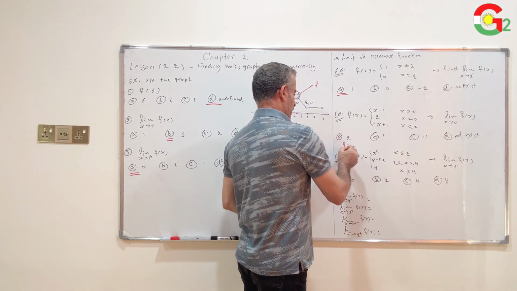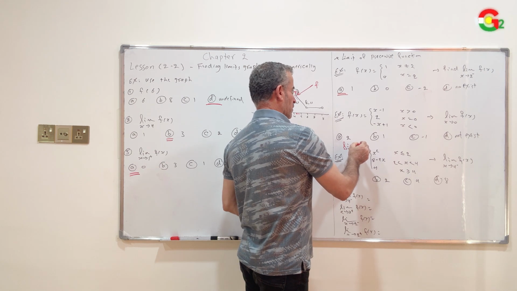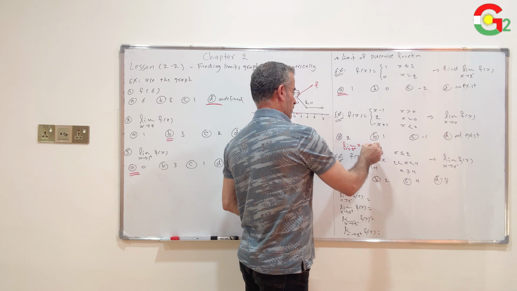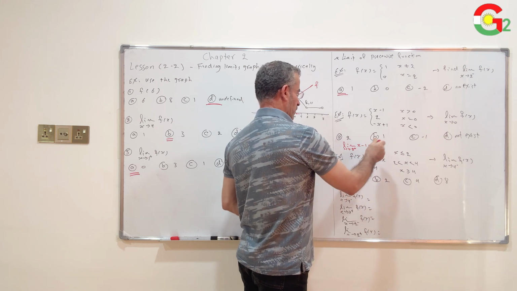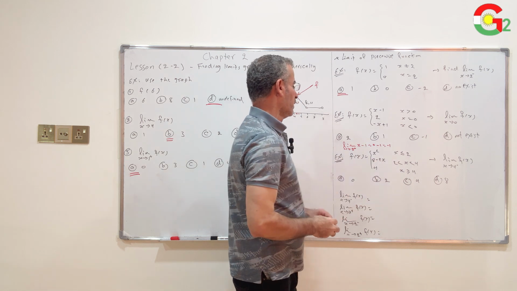Then limit when x approaches 0 from the right, I substitute in this segment x minus 1, it is negative 0 minus 1 equal negative 1.